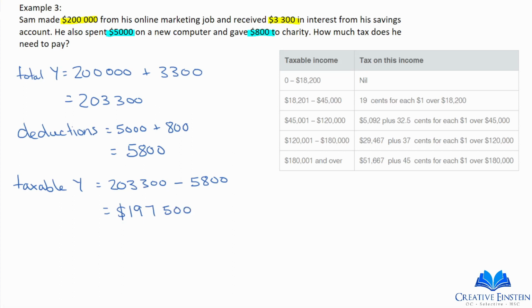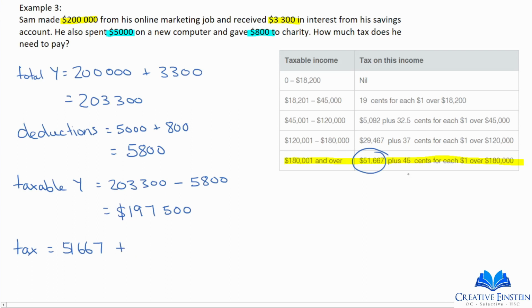Now, that means that his tax bracket is here. That's how much tax he needs to pay. So let's work that out. His tax equals, first step is $51,667 plus, it's 45 cents for every dollar over $180,000.